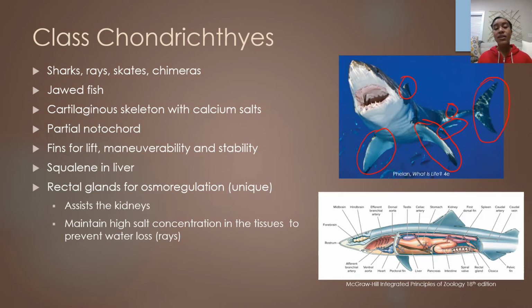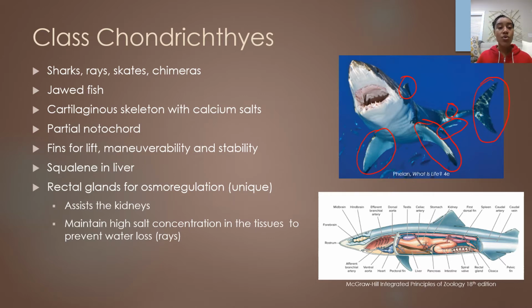This squalene liver helps to provide them some element of buoyancy. However, they do still sink to the ocean floor if they stop swimming. This is also problematic because swimming is how they pull water through their mouths across their gills. So if they stop swimming, they will sink, and in addition they won't be able to respire, so they'll suffocate.